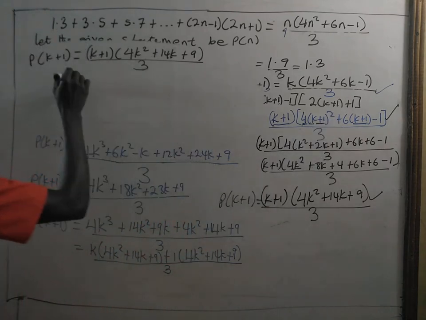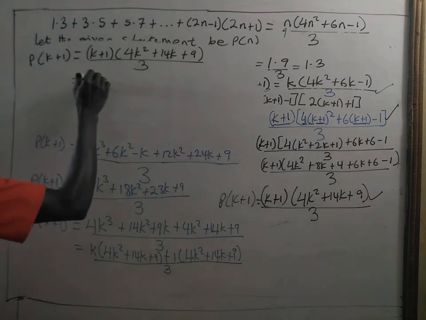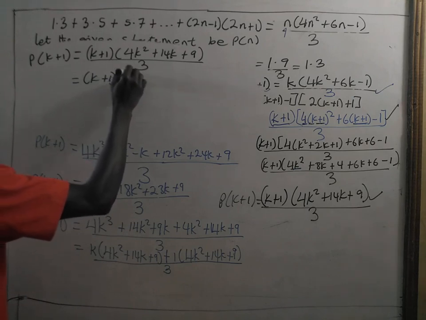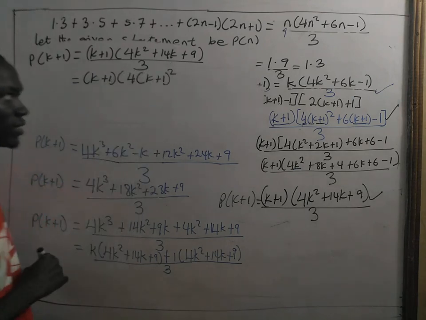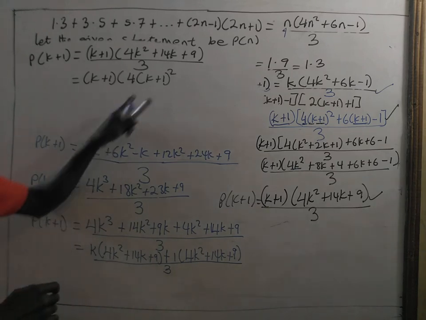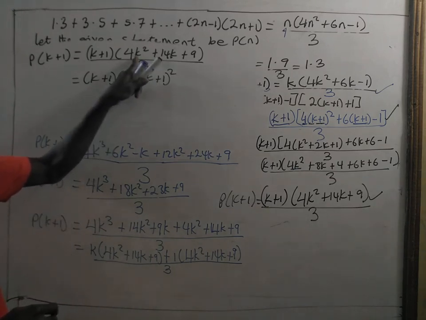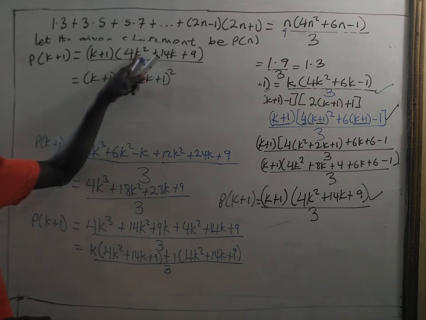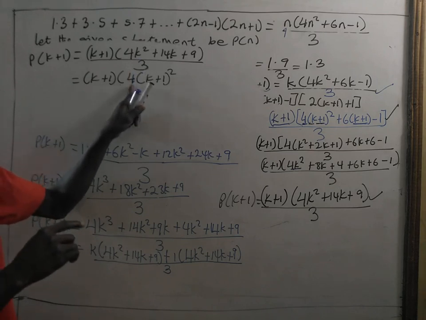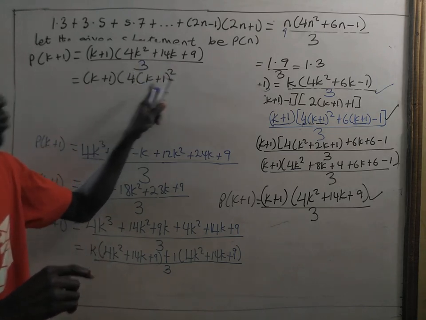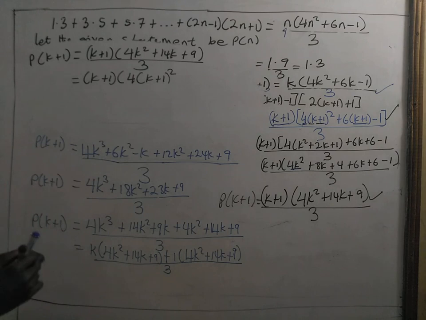So here we are going to get k plus 1, 4, then you put k plus 1 and square it. Now, you see that I've substituted k plus 1 for k. So, this substitution has effect on what I've done. So, let me expand and see.